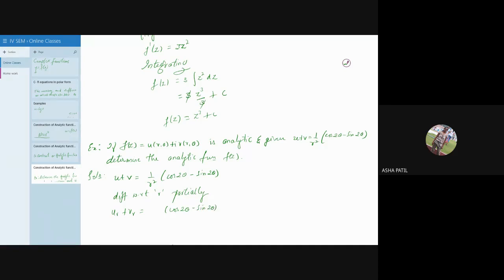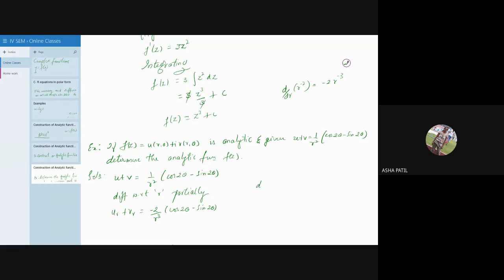What is the derivative of 1 by r square? It is the derivative of r raised to minus 2, so we get minus 2 r raised to minus 3, that is minus 2 divided by r cube.